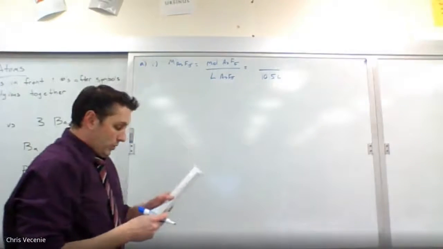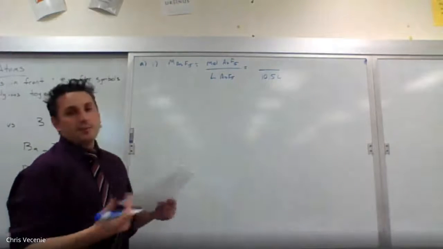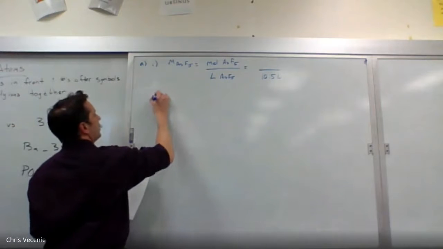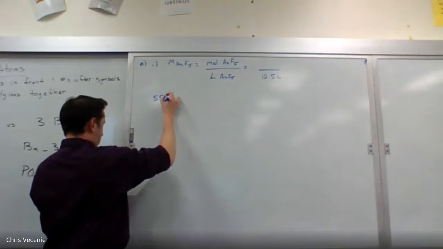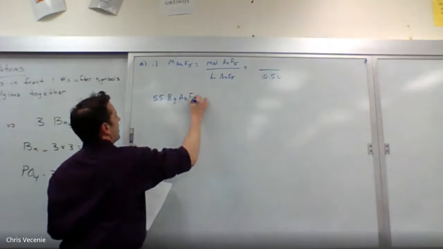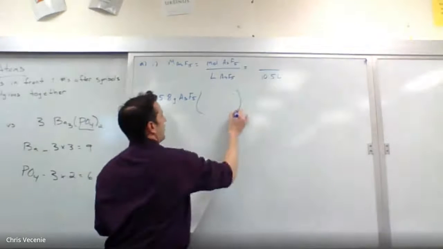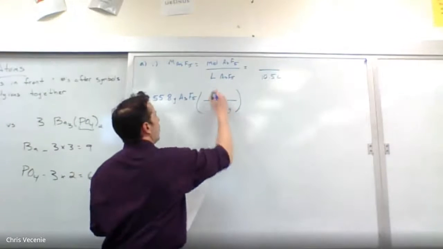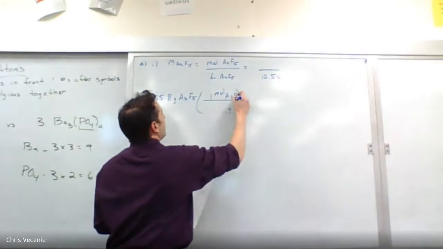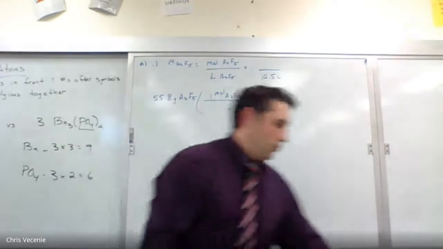All right, and our moles of it, they don't give us the moles, but the next best thing's there. They gave us the grams of it. So what you want to do is take your 55.8 grams of the AsF5, and we can use the periodic table to convert our grams into moles.